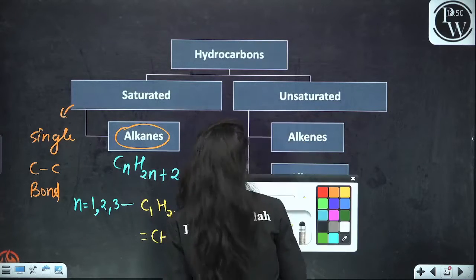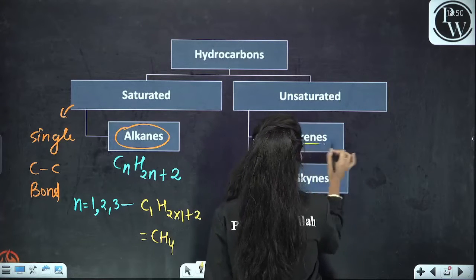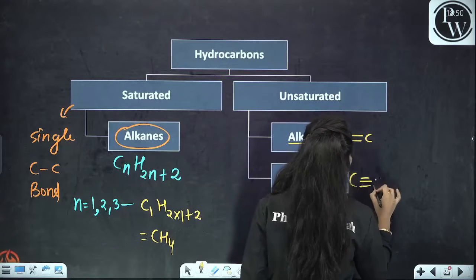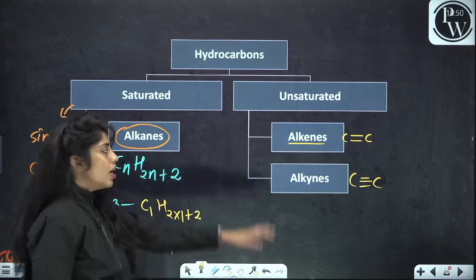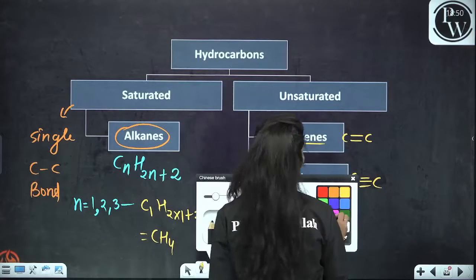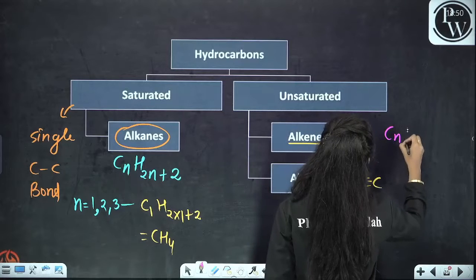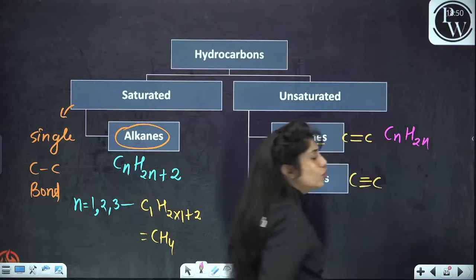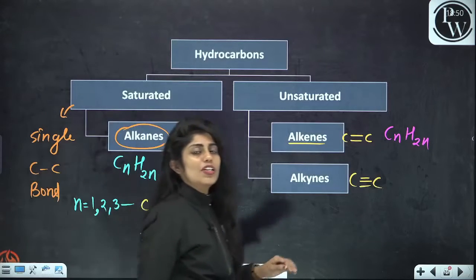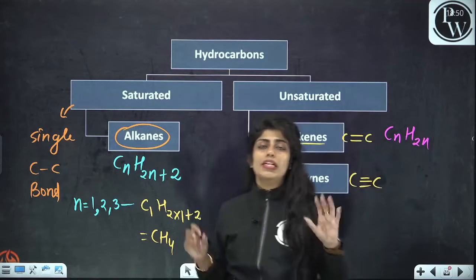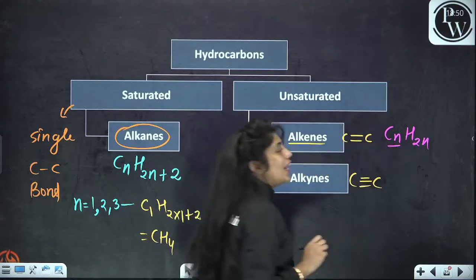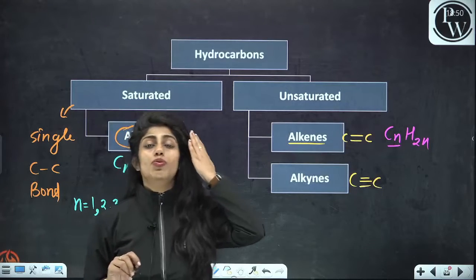Now, let's discuss the unsaturated compounds. There are two classes. One is the alkene, carbon-carbon doubly bonded, and alkyne, carbon-carbon triple bonded compounds. Now, what can be the general formula for alkene? CnH2n. No plus, no minus. So, my dear students, for alkene we have a general formula CnH2n, balanced. n starts from 2 only. Why?